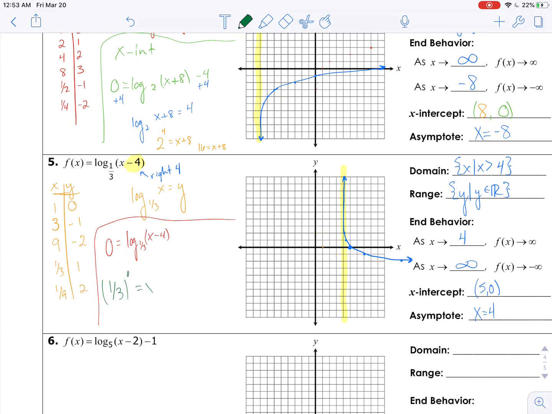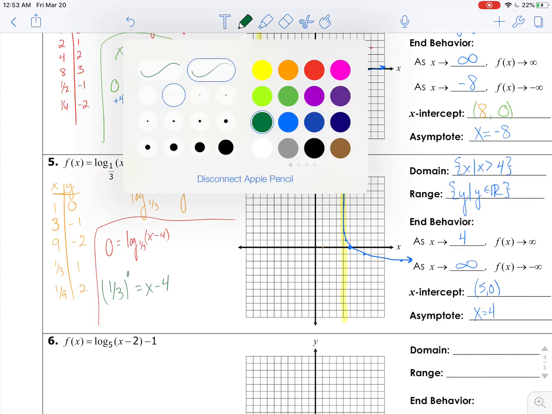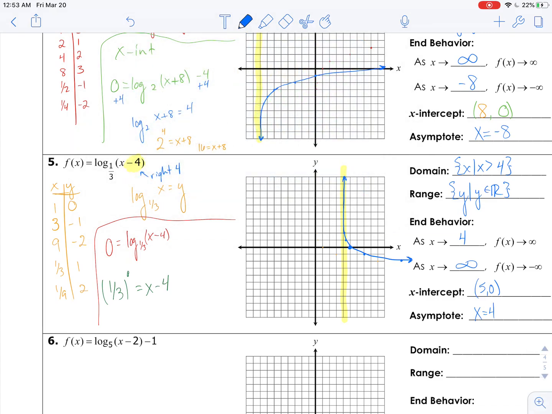So we can say 1/3 to the 0 power equals x minus 4, or anything to the 0 power is 1, equals x minus 4. And if I add 4 to both sides, then sure enough, I will get 5.